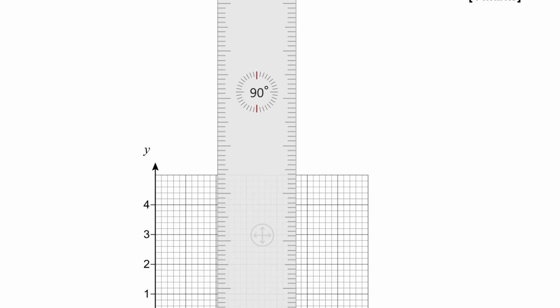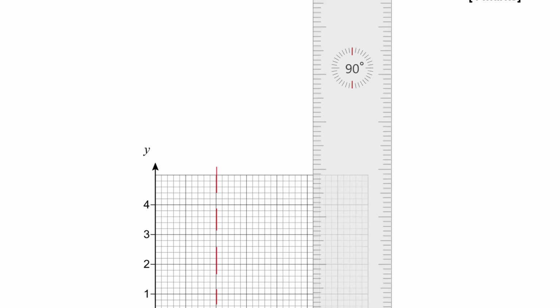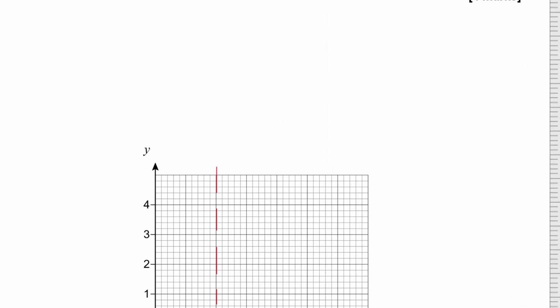So I need to show that on my graph as a dotted, sort of a broken line. If you use a broken line, it means the points on the line are not included in your region. So you use a broken line for strictly greater than and strictly less than, and a solid line if it's greater than or equal to and less than or equal to.